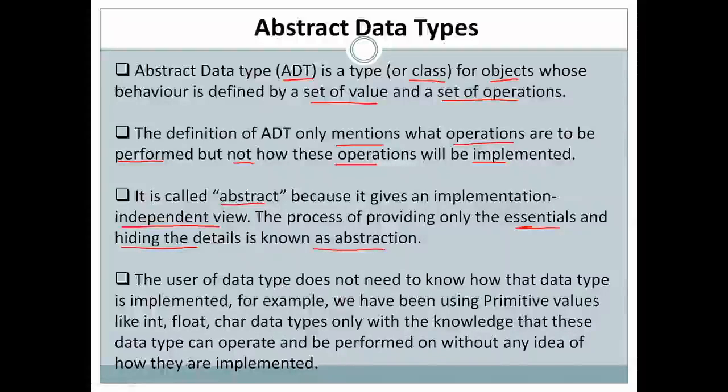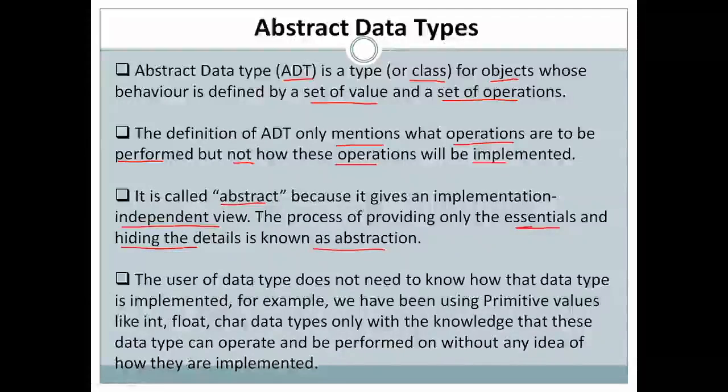For example, if you're calling your friend, you simply dial his number and press the call button and the call rings, but you don't know what happens internally when the call is placed.